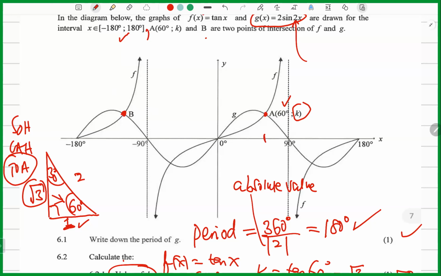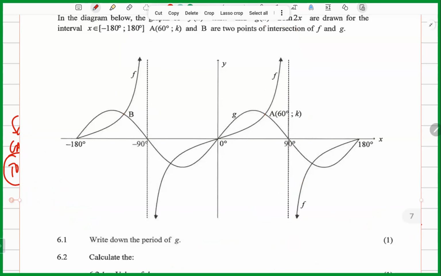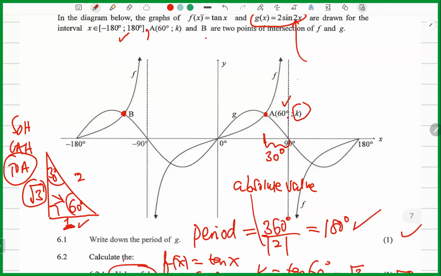So this was like 60 degrees. And what is the distance here? The distance is like 30 degrees. Okay, because if you say 60 degrees plus 30 degrees, what do you get? 90 degrees.